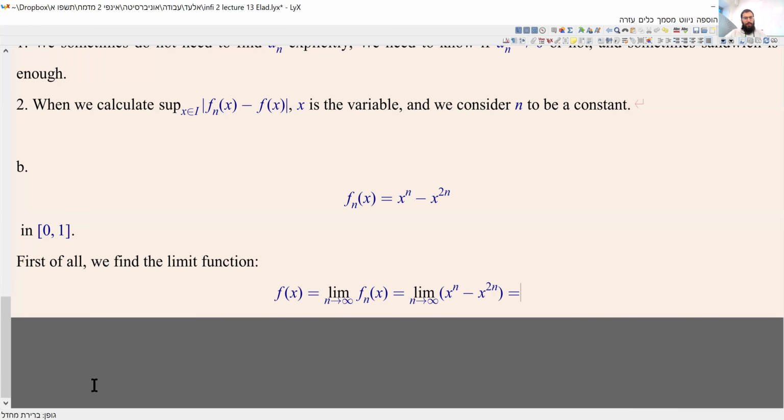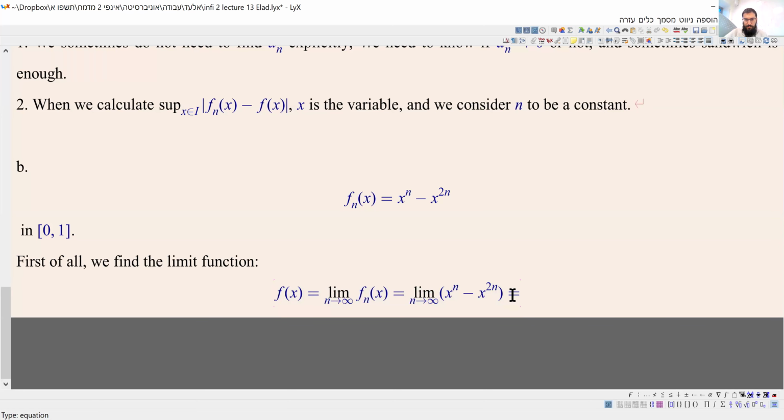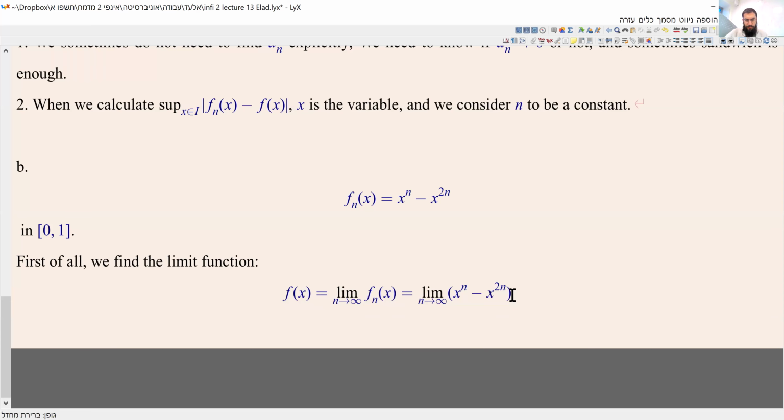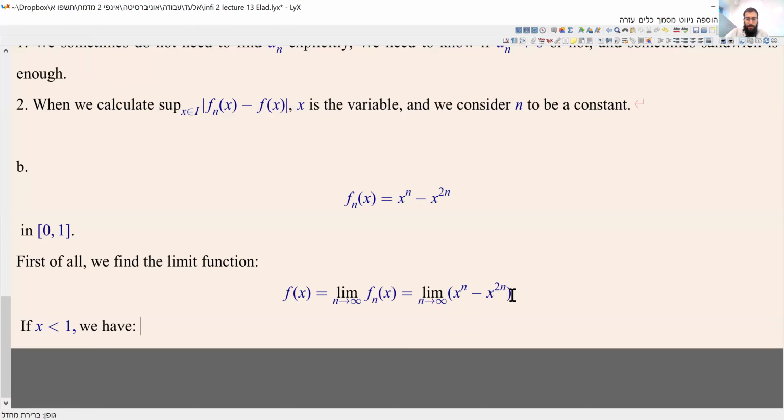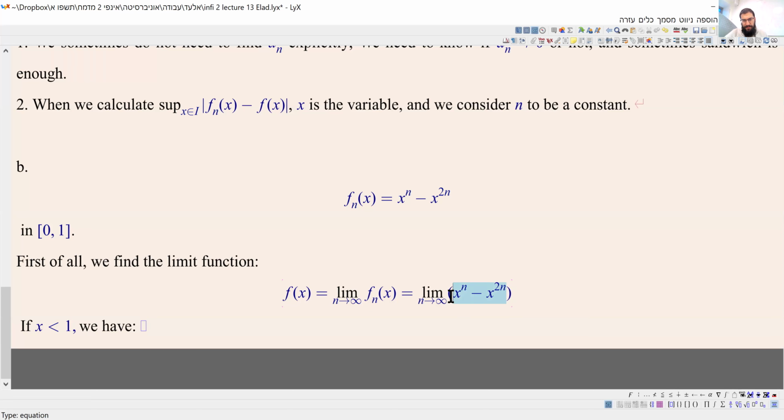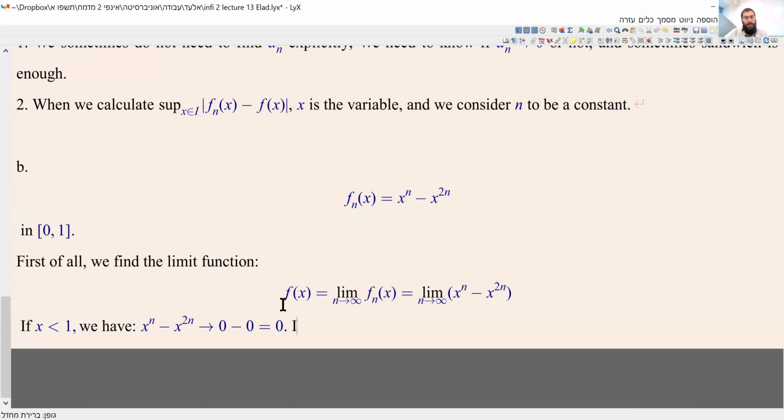And now, when x is smaller than 1, and yet again in the segment from 0 to 1, both x^n and x^2n go to 0. 0 minus 0 is 0.